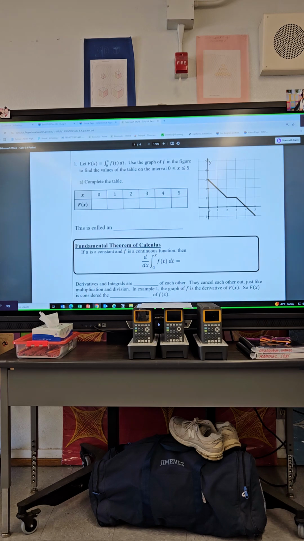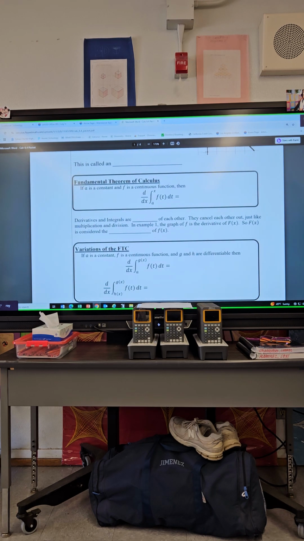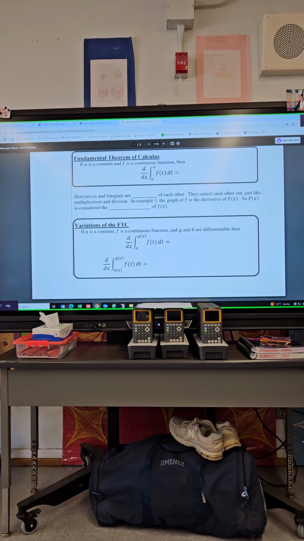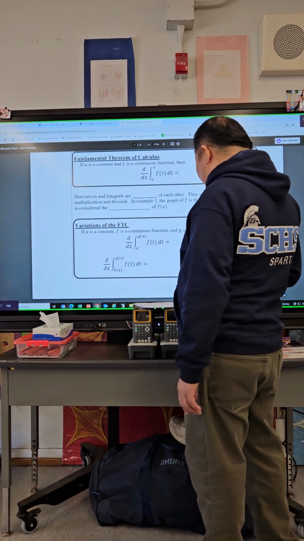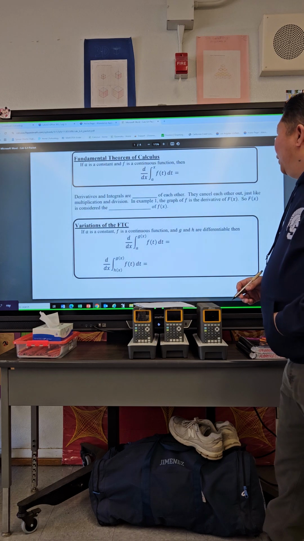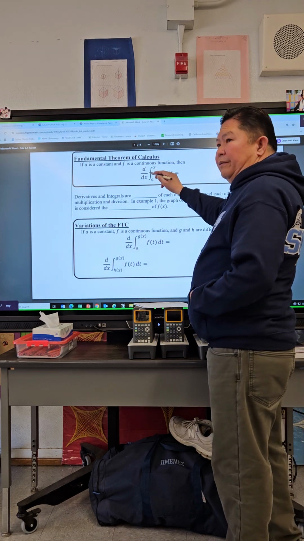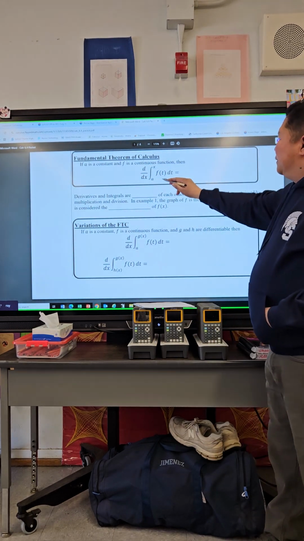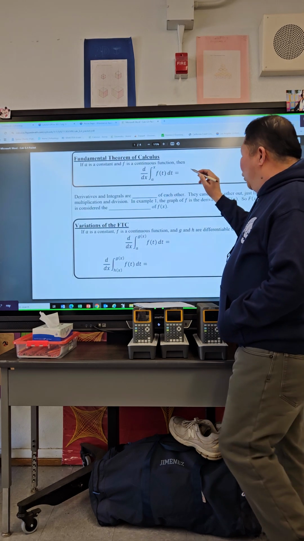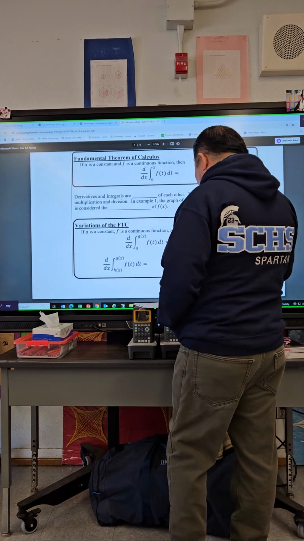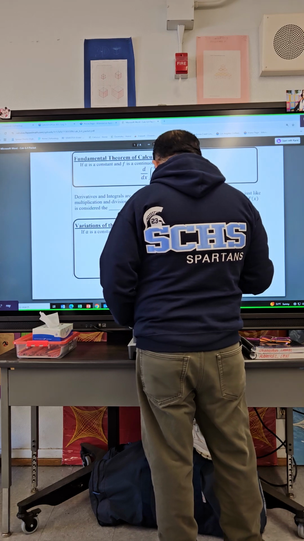I move this out a little bit. So, we say now that given would now be the integral of f of x dx.